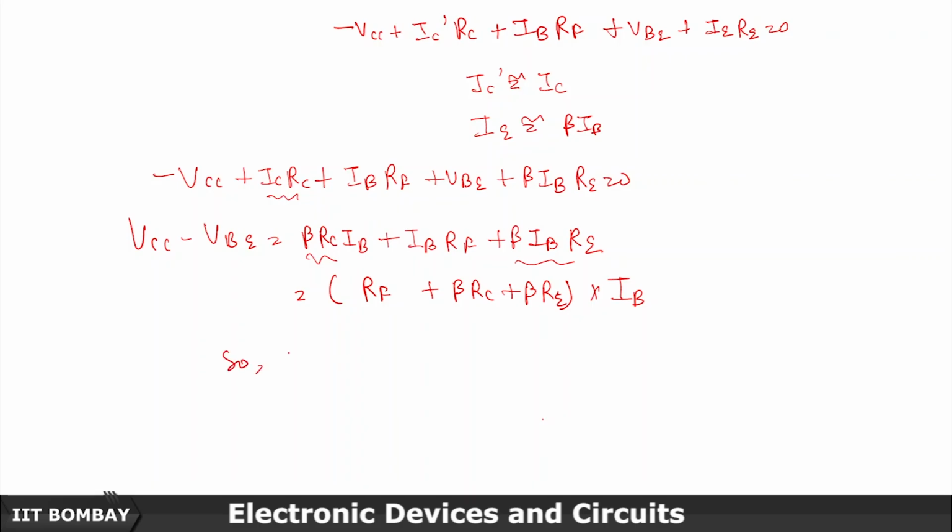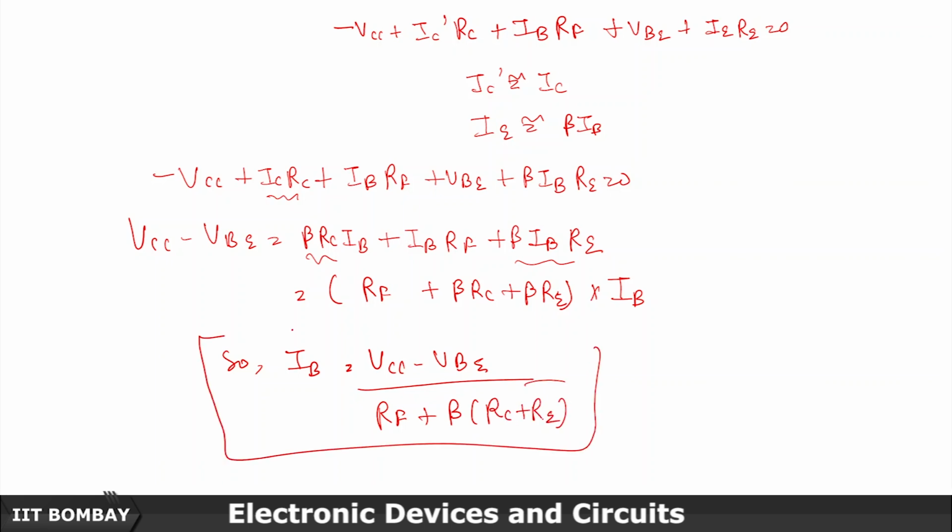So overall IB becomes VCC minus VBE divided by RF plus beta RC plus RE. So this is the case for your collector feedback configuration.